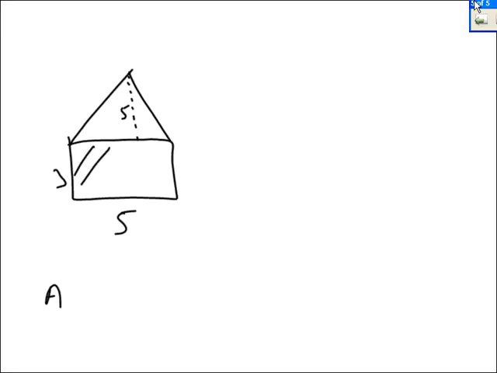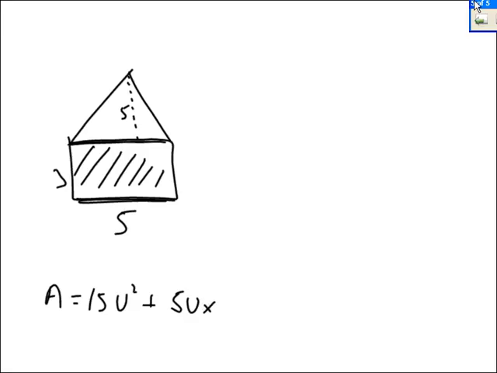Well, it's this area, which is 3 times 5, 15 square units, plus the area of the triangle. The base, the same as that one, is 5 units times the height, which is also 5 units, over 2.